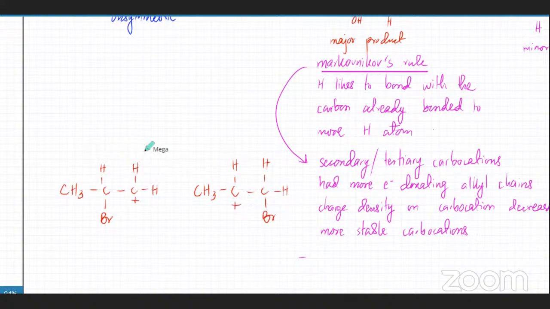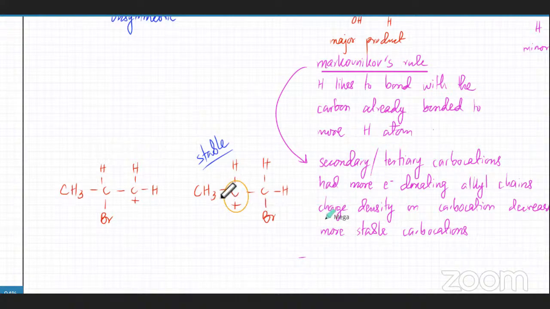So the one on the right side is going to be more stable, and the reason is that the positive charge on this carbon atom, the carbocation, is going to be smaller. This positive charge would be a lot smaller because it's surrounded by large groups.